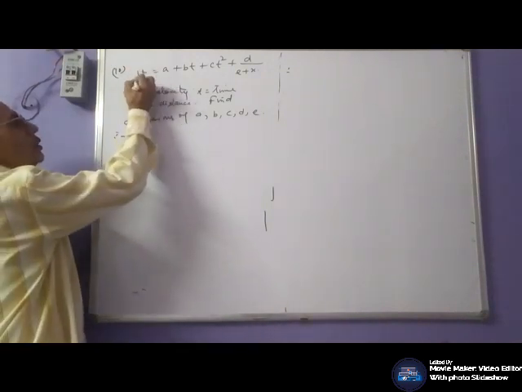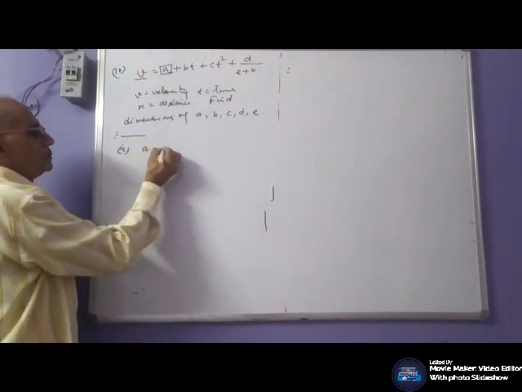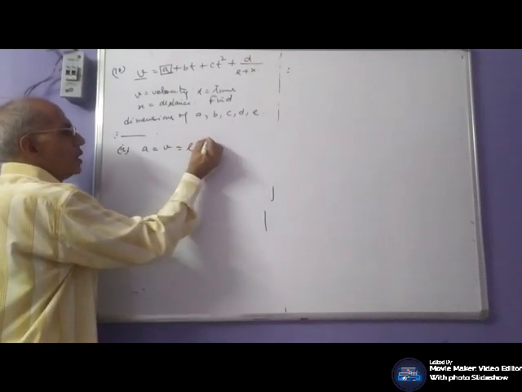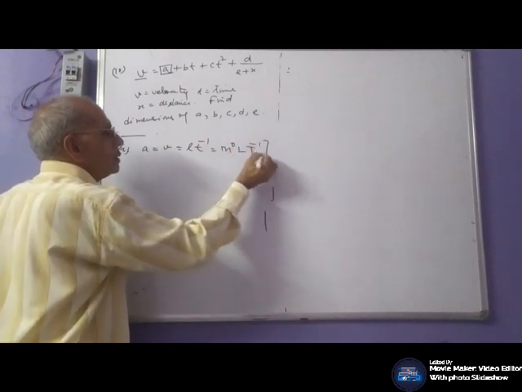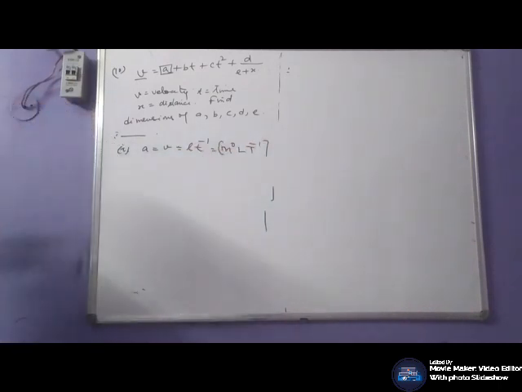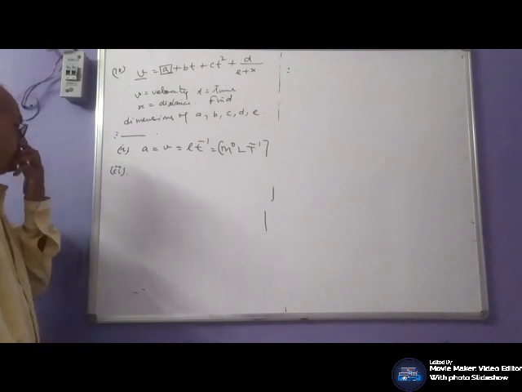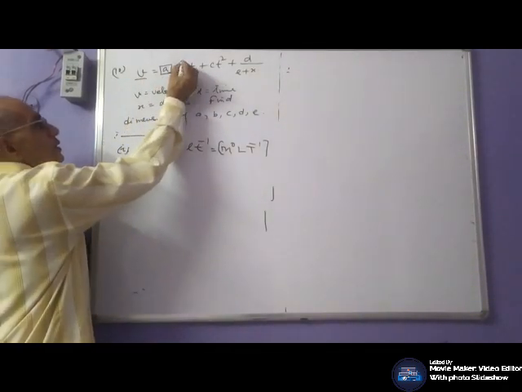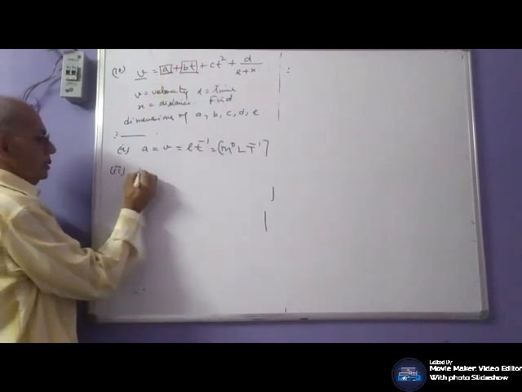What is this? Velocity. Velocity is always equal to velocity. What is V? S by T. Dimensions. Velocity equal to velocity, so velocity will be added to velocity.